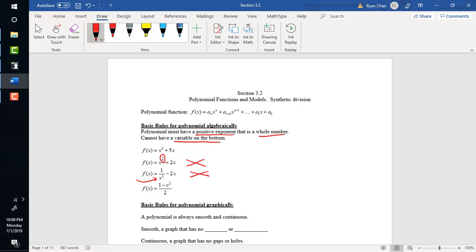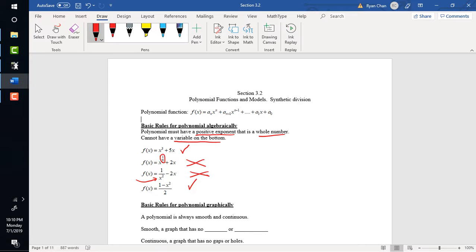It cannot be negative, and it cannot be a fraction that is not a whole number. So these two don't work. This one, as you can see, does work: x cubed minus 5 plus 5x. This one also works because if you notice, you don't have a variable on the bottom. You do have a 2, but that's okay. That's just 1/2. So that's for the following.